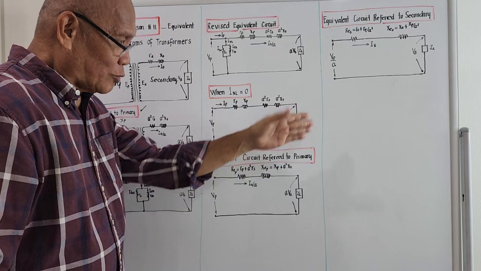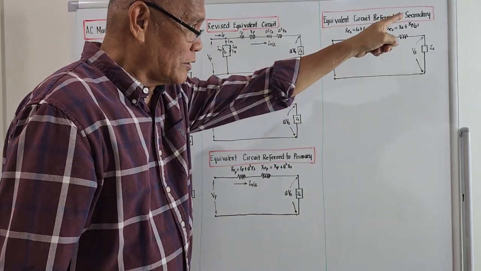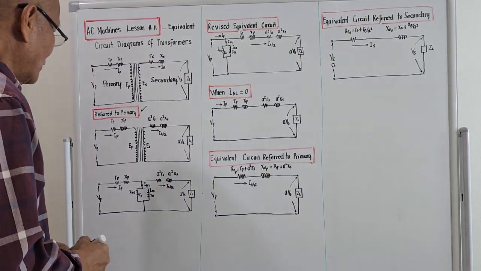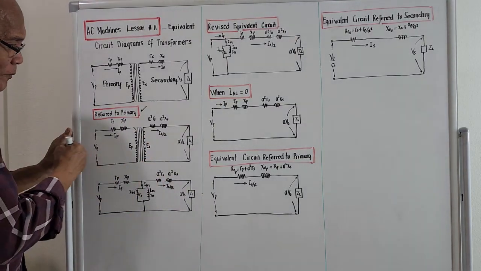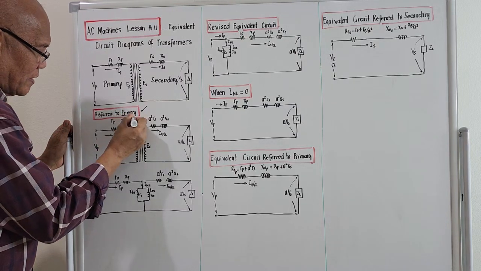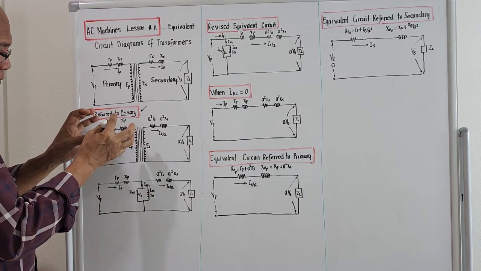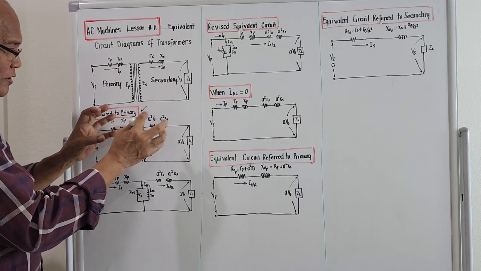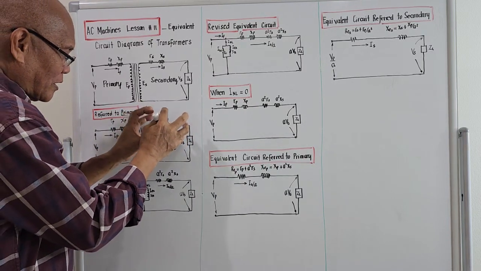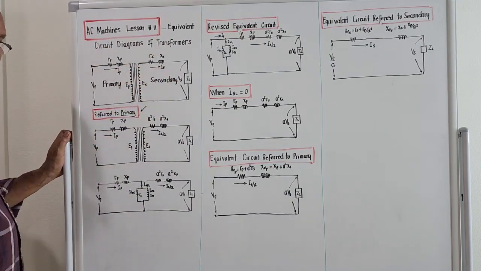And what will now come out will be the equivalent circuit diagram referred to the secondary. So as a start, we will derive all values referred to primary, so we could merge the primary parameters with the secondary parameters.